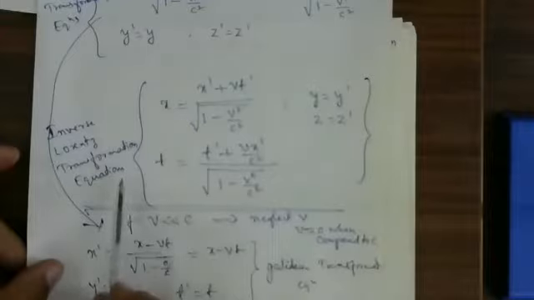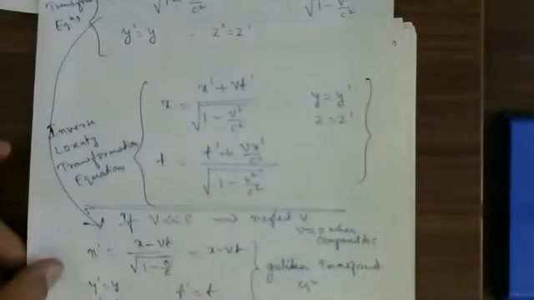T1 is equal to T1 dash in frame S dash plus Vx dash divided by C square, divided by square root of 1 minus V square divided by C square. Only the difference here is T1 dash. You have to learn all these things. Sir, how did we get this one? Previous week we already came across this. This is already finished.